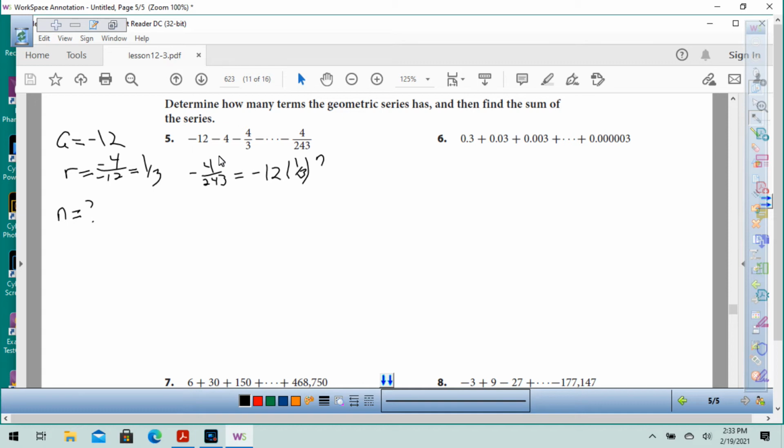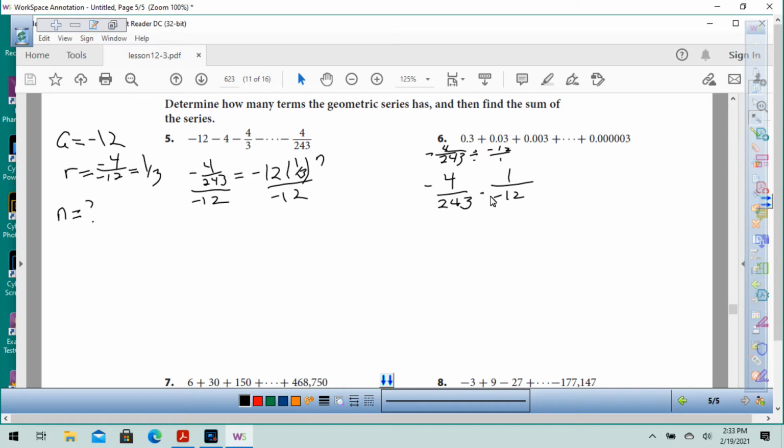Okay, so if we divide both sides by -12, then you get -4 over 243 divided by -12 over 1.